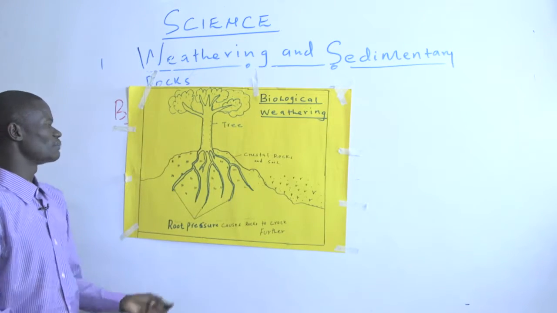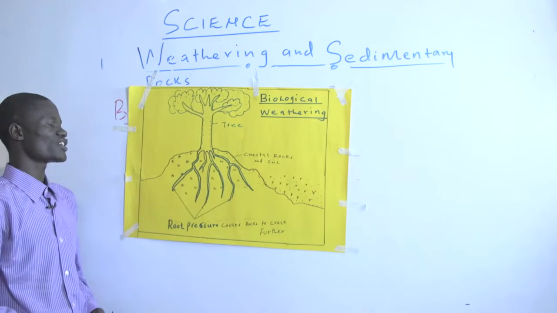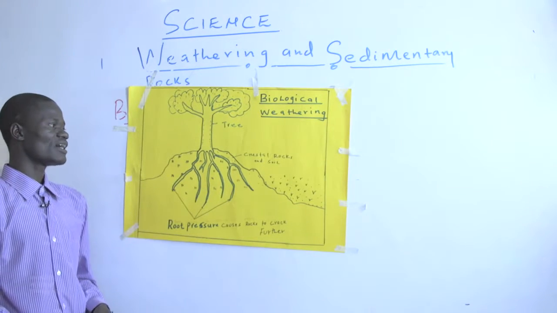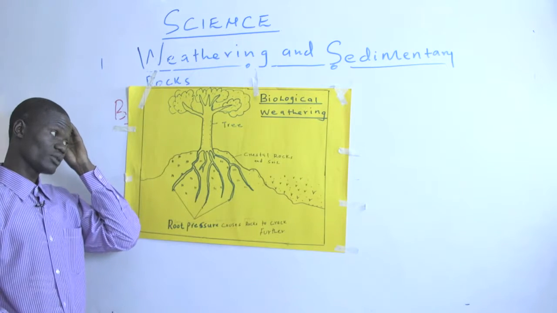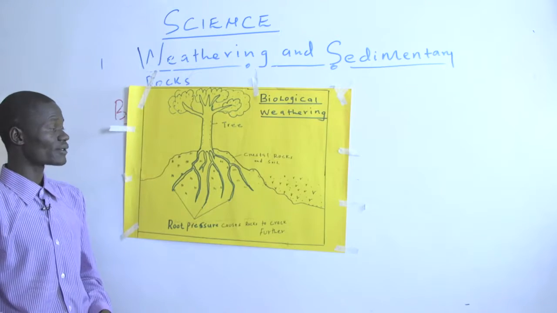At the same time, in the same crevices, in the crust of rocks and soil, we'll have some small animals. We call them burrowing animals, such as rodents, like squirrels.